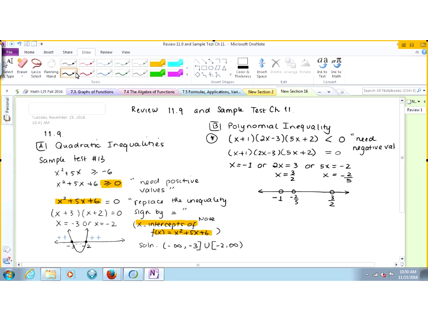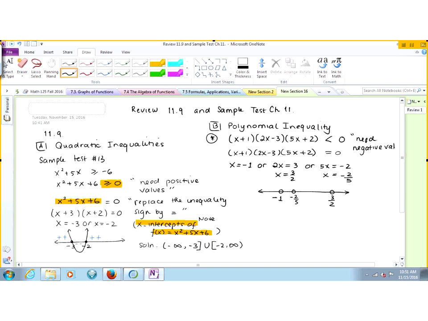Right? Good. Now, usually what we want to do, ideally, is be able to graph. But do we know how to graph a cubic polynomial? No, we haven't learned it yet. So this is when we want to find the sign. We will use the sign diagram.